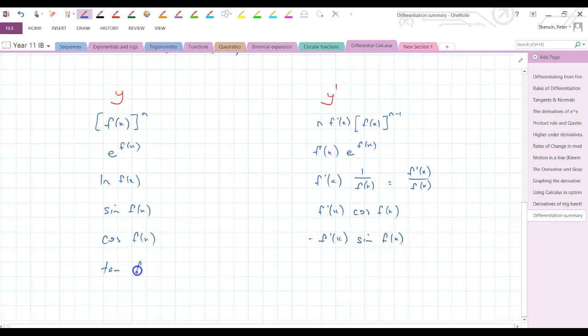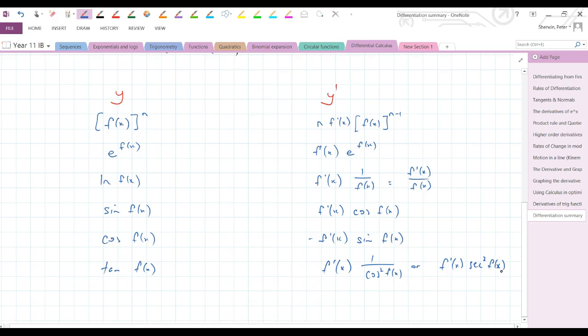And for tan f(x), we've got f dash x by 1 over cos squared f(x), or f dash x sec squared f(x).